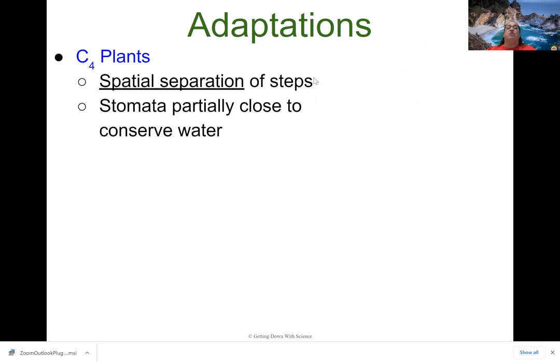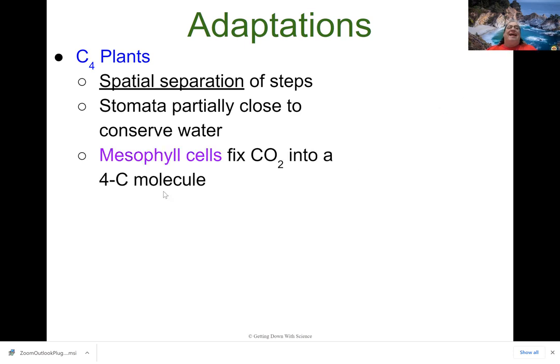So the steps are actually taking place kind of further away from each other. They also partially close the stomata to conserve water, but it's not completely closed. And mesophyll cells can actually fix CO2 into a 4-carbon molecule, so we can kind of have that carbon preset for the cycle.